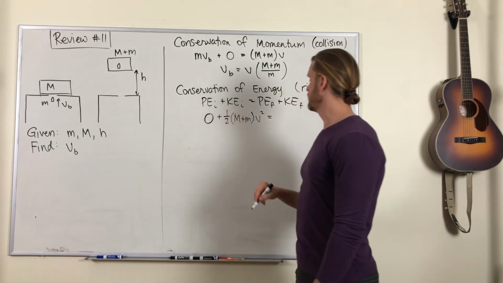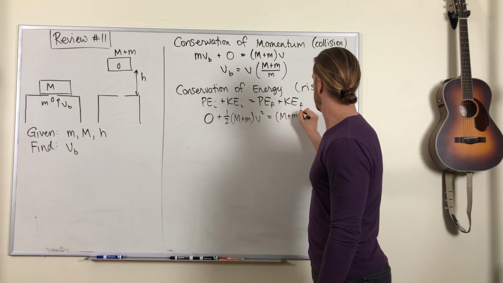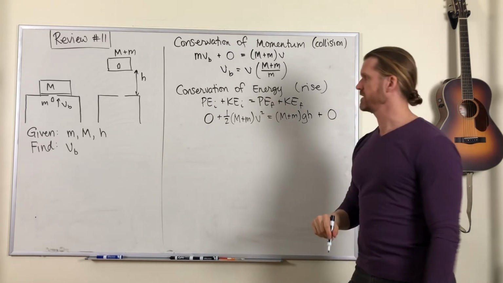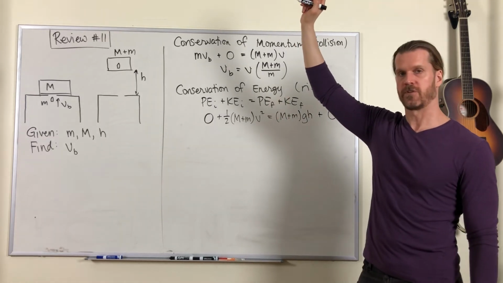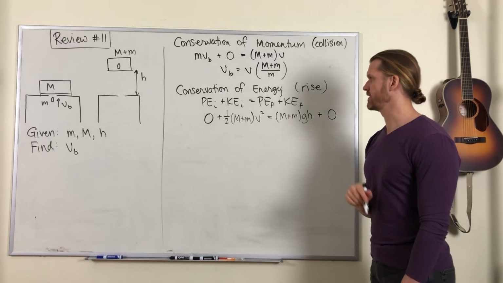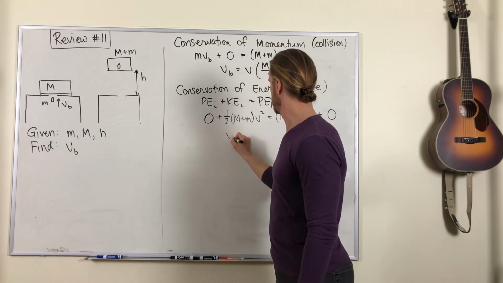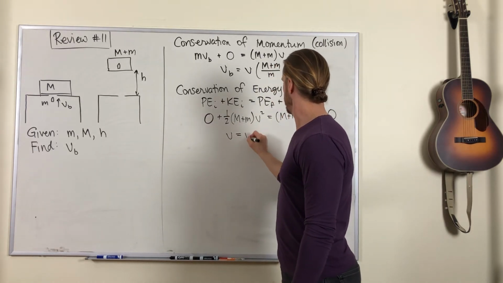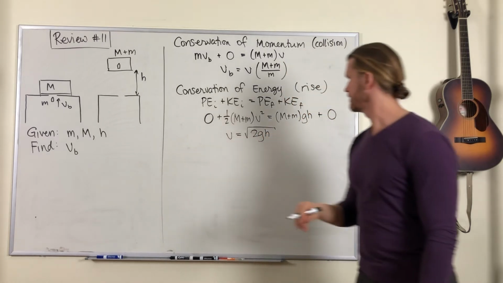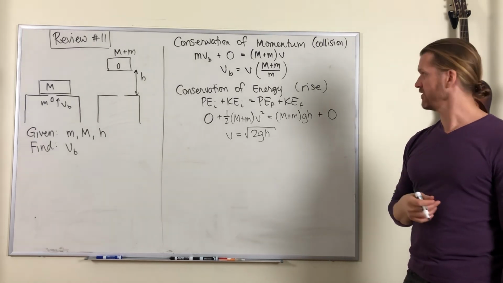That equals the final potential energy, m g h, plus the final kinetic energy, but since this is moving vertically at the highest height, its speed is 0. So 0 kinetic energy at the end. And we can do a tiny bit of algebra and find that that speed is root 2gh. And now there's just one more thing to do.